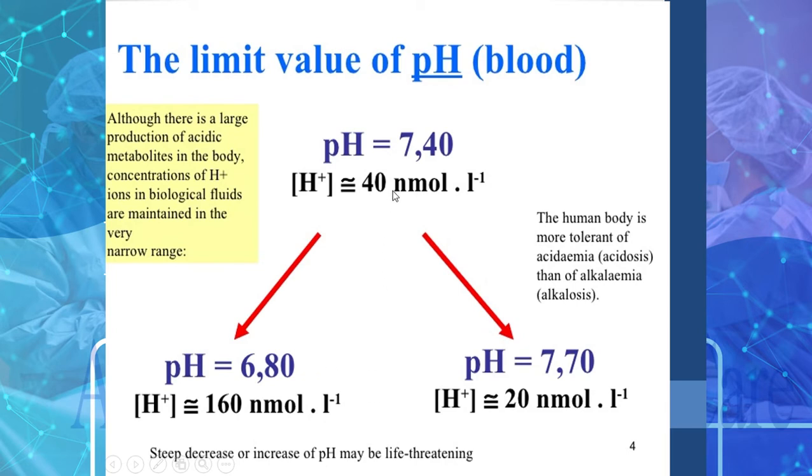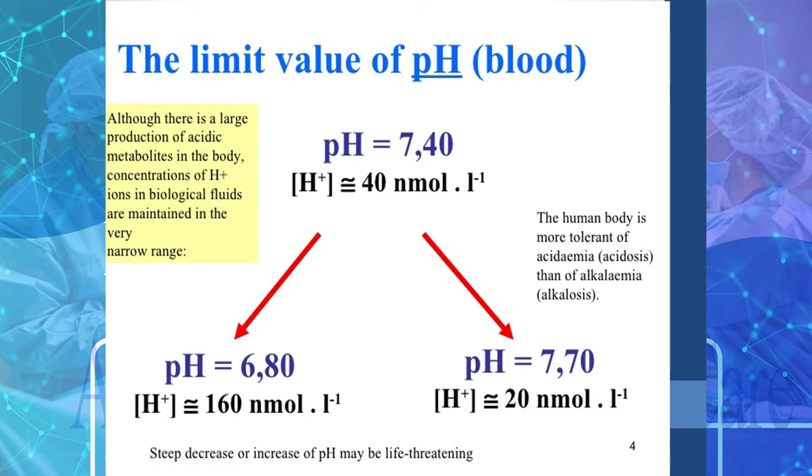So the hydrogen concentration increased up to 4 times the normal range. While in alkalosis, when the pH reaches 7.7, the hydrogen ion will decrease to 20 nanomole, halved, as you see, and will be incompatible with life. So we can say that the human body is more tolerant to acidosis than alkalosis.